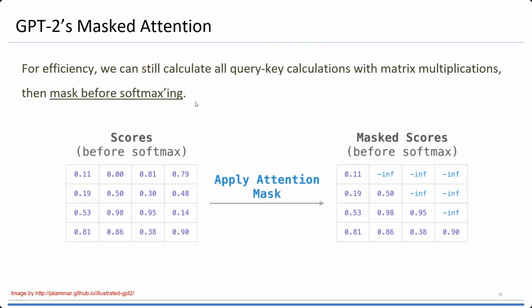And yeah, we can apply the attention mask. For example, I have the word robot. So if I have the word robot, I am masking the next word. So the next word will be infinite.